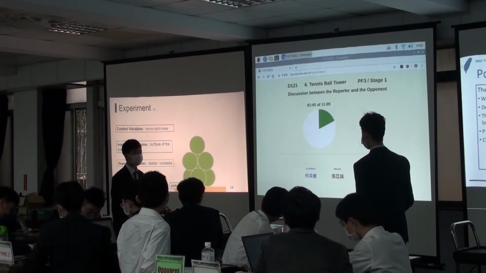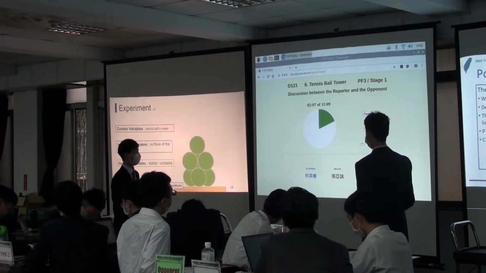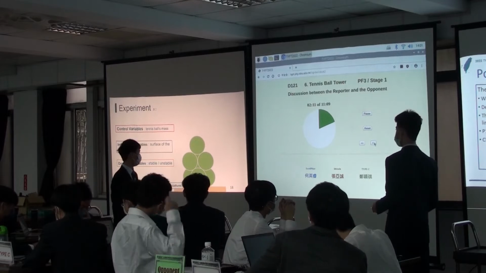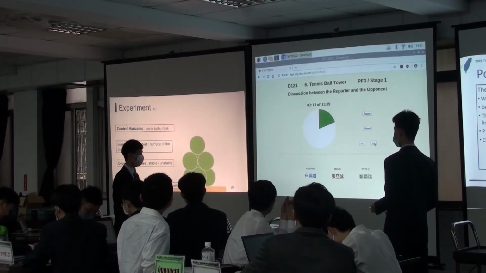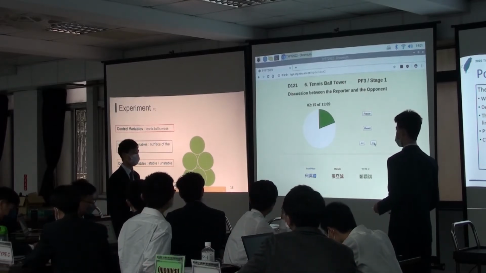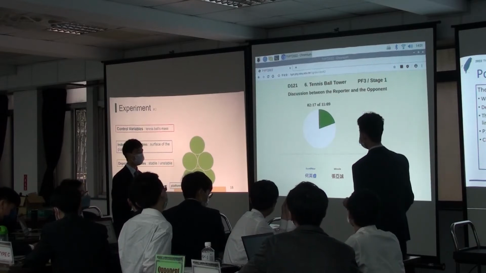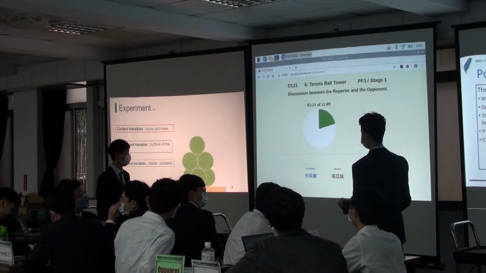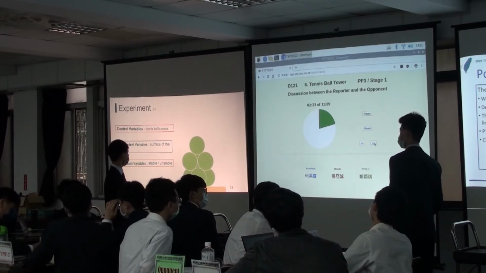Okay. So do you think there's a better way to quantify the stability? In particular, we would like to know what your problem is. Also, if there are three layers, how stable is it compared to a tower with only 2 layers?